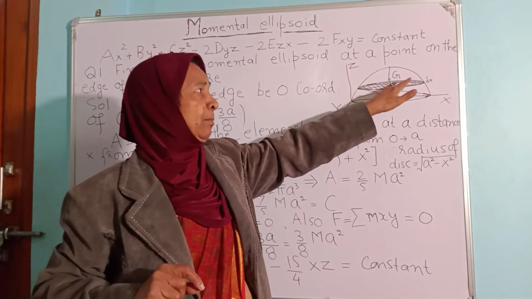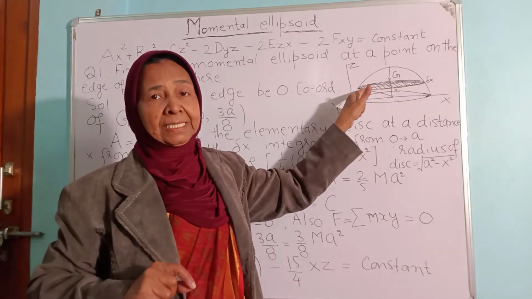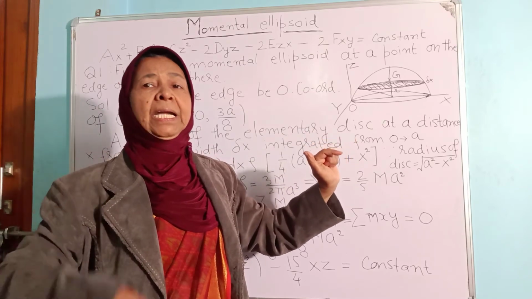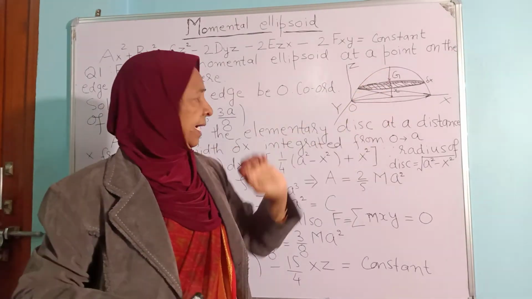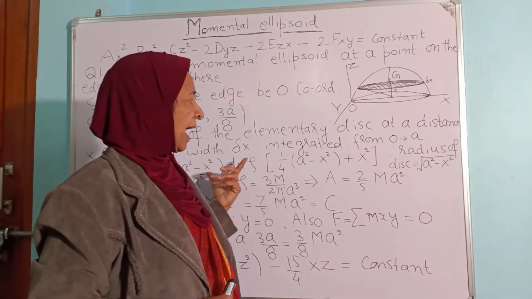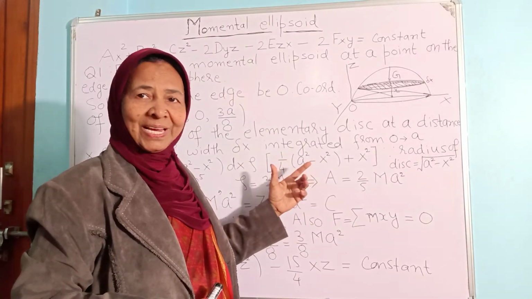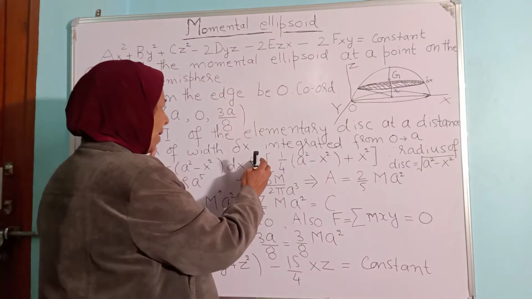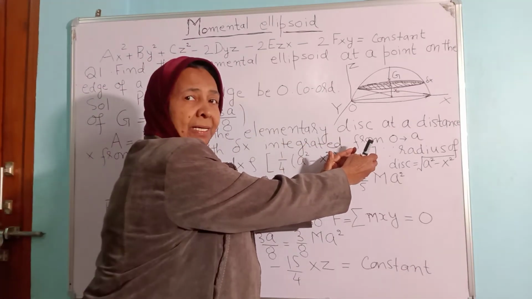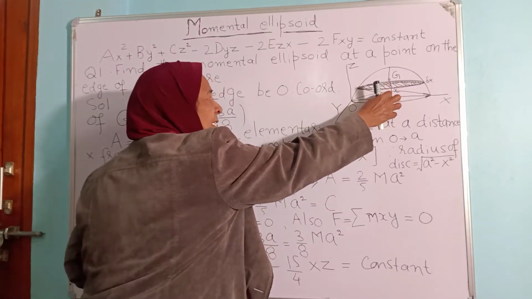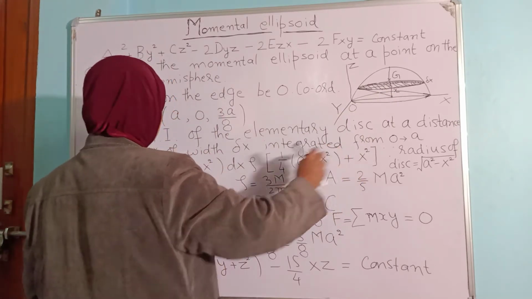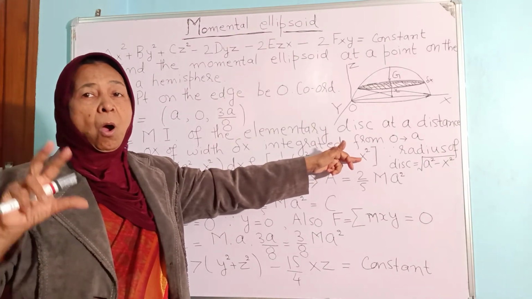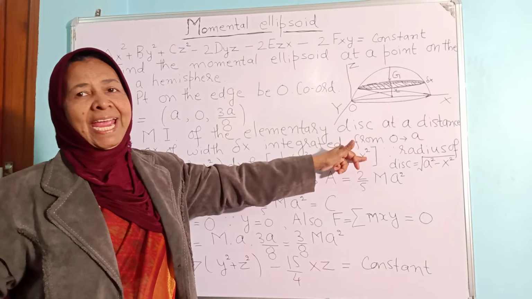So I am using the result: moment of inertia of a disk about an axis passing through its G and perpendicular to it, that means this axis, will be 1/4 of mr². Is that clear? Okay? Then to this, mass into distance squared, because this distance is x. So the theorem of parallel axes says that this will be the total moment of inertia of the hemisphere about x-axis.